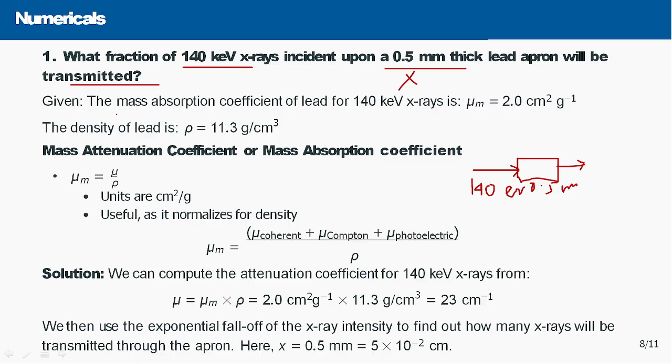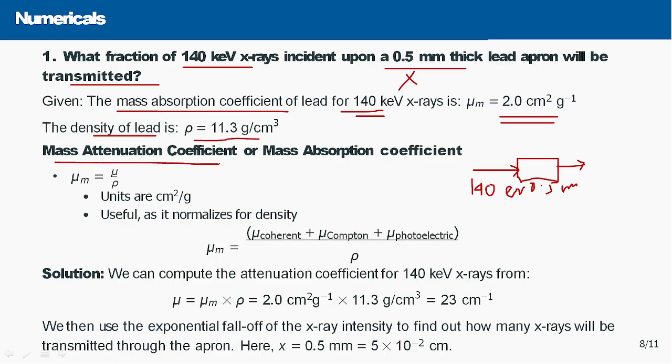Another given thing is the mass absorption coefficient for lead at 140 kilo electron volt, given as 2 centimeter square per gram, mu m, and the density of lead is given as 11.3 gram per centimeter cube. Now what is this particular parameter?